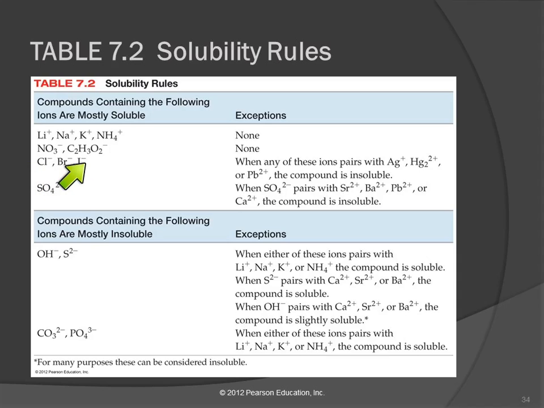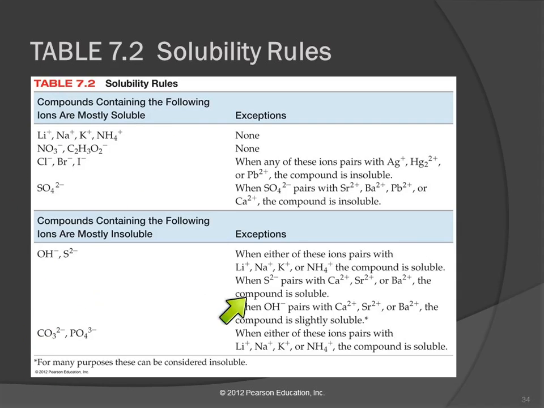Chloride, bromide, iodide, mostly soluble, except if you have any of those ions pairing with silver, mercury 1, or lead 2, then it's insoluble. Sulfate compounds are soluble, except with strontium, barium, lead, or calcium. So if you have calcium sulfate, not soluble. Sodium sulfate is soluble. So those are the ones that are mostly soluble.